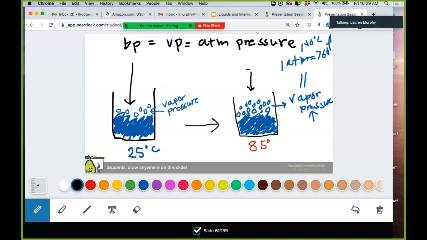Now, we can do this by heating, that's the most common way, or we can do it by removing pressure. That is a much more difficult way to get them to boil. So you go, what kind of things will readily escape into the gas phase? Well, things with different vapor pressures.